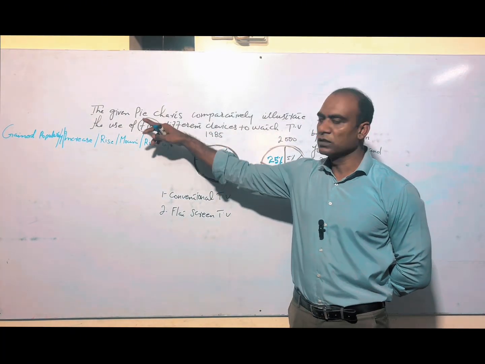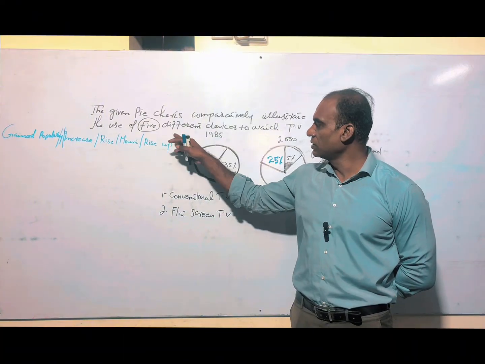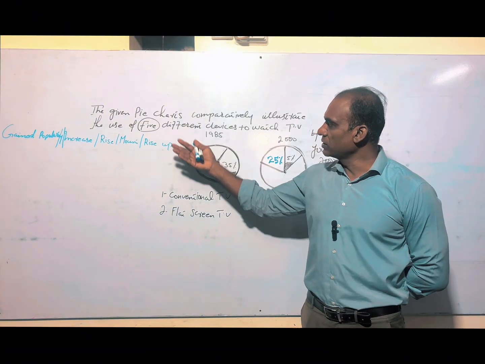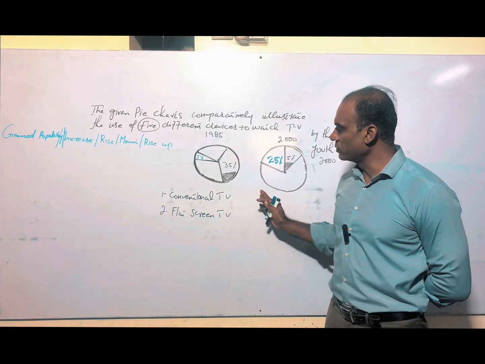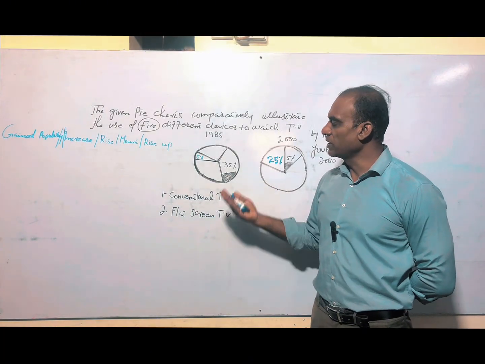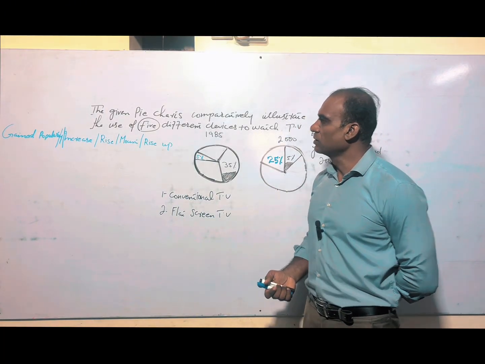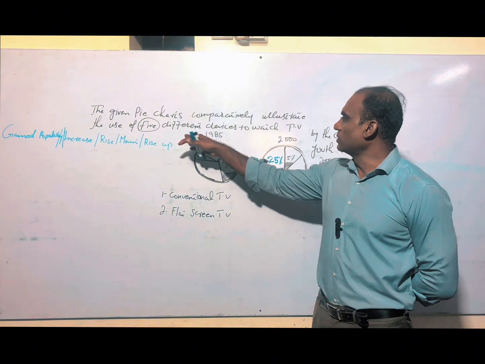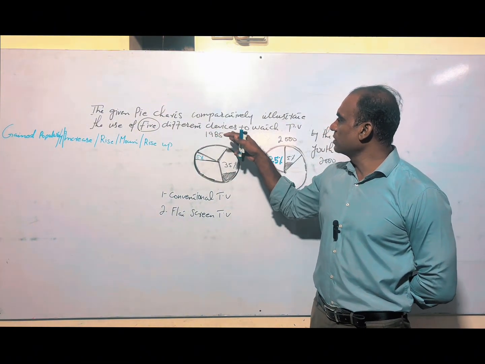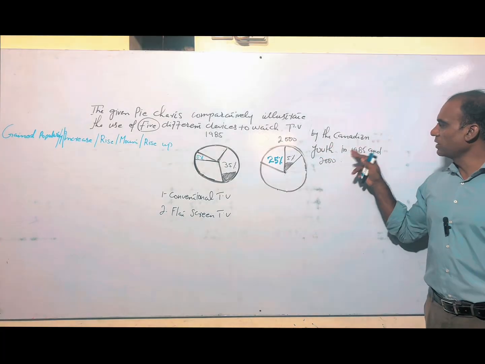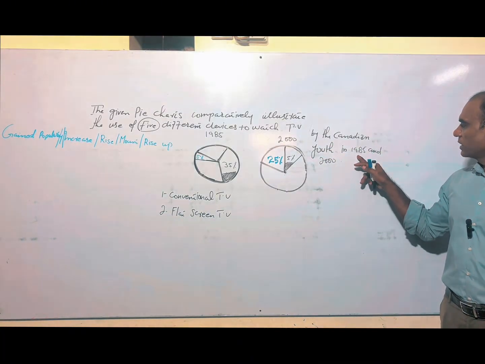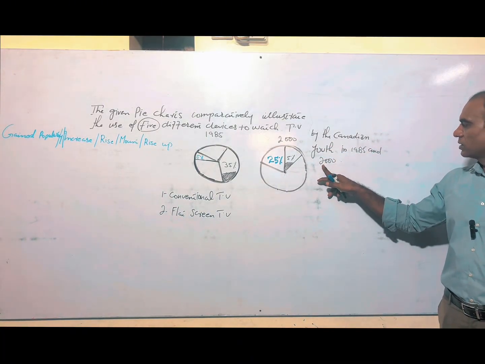I have encircled the word 5 because the devices could be more or less here; I have written just 2 and there could be 7 devices or more. So different devices to watch TV by the Canadian youth in 1985 and 2000.